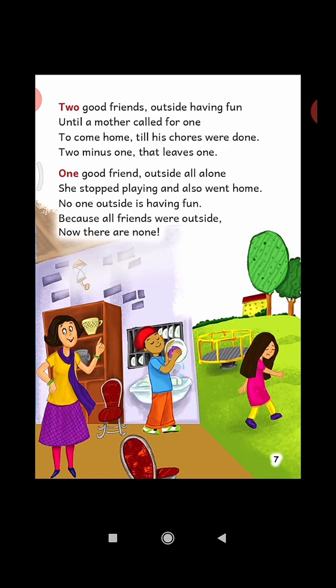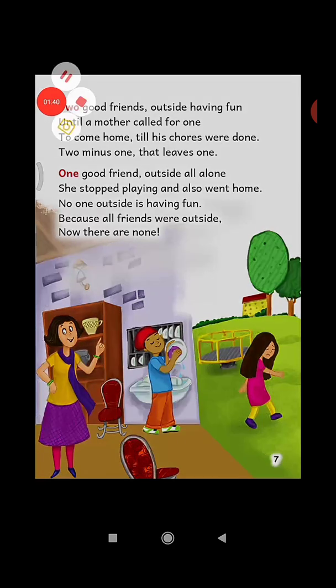No one outside is having fun because our friends were inside.